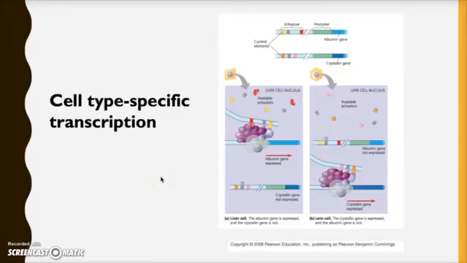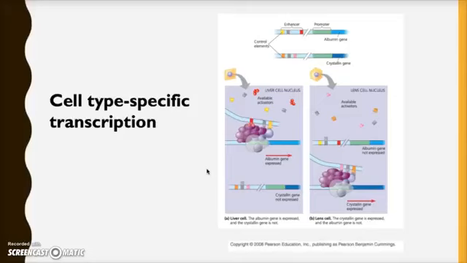Another thing that I want to say about the regulation of transcription initiation is cell type specific transcription. For example, in the nucleus of a liver cell and a lens cell, the genes for making albumin and crystallin are both present, but only albumin is produced in the liver cell, and only crystallin is produced in the lens cell.